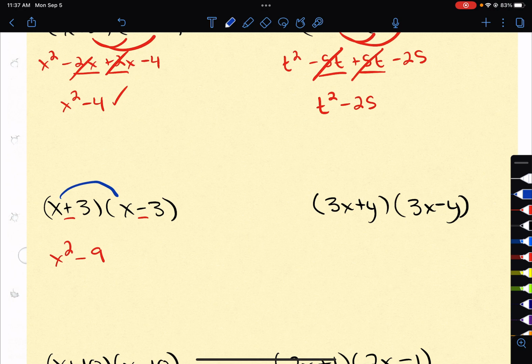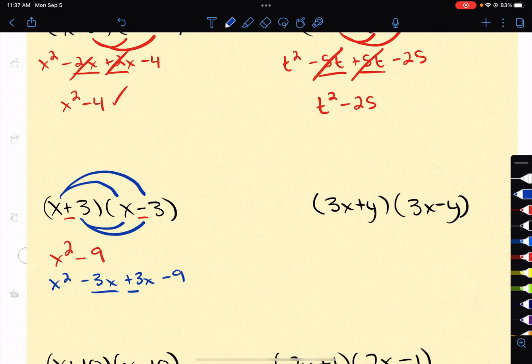X times x is x squared. X times negative 3 is negative 3x. 3 times x is positive 3x. 3 times negative 3 is negative 9. Those two in the middle are the same, but opposite sign, so they cancel. So I get x squared minus 9.